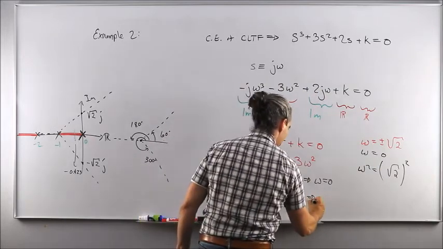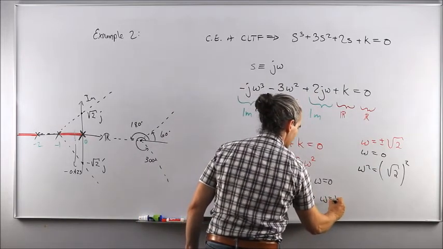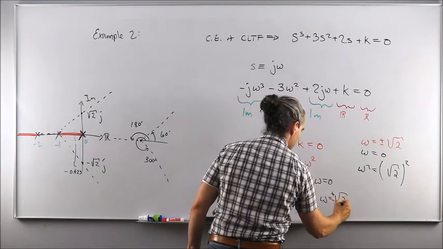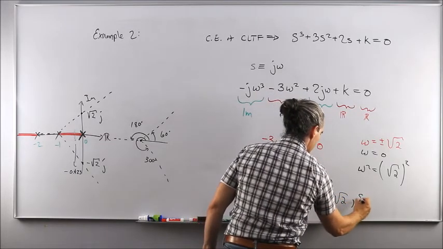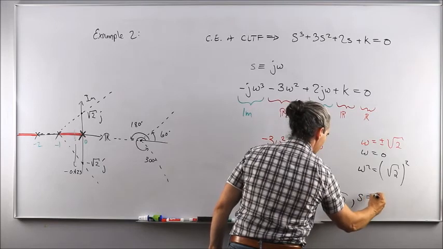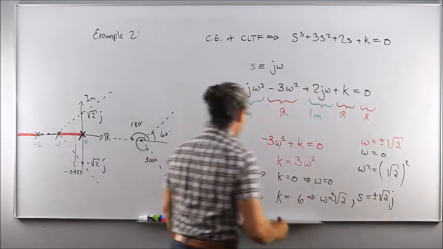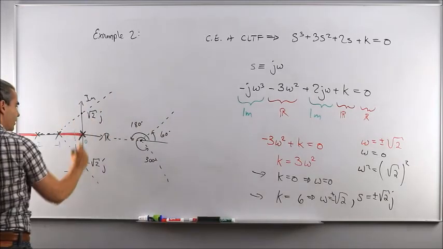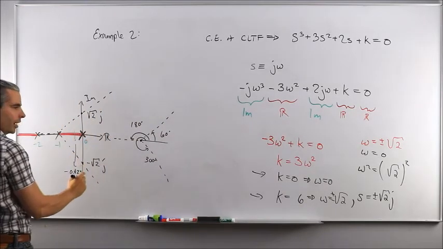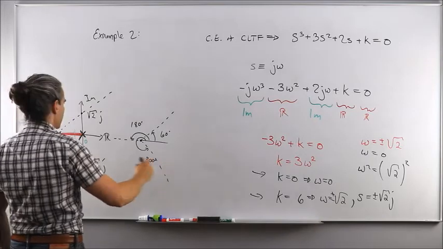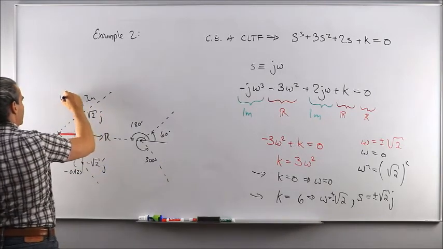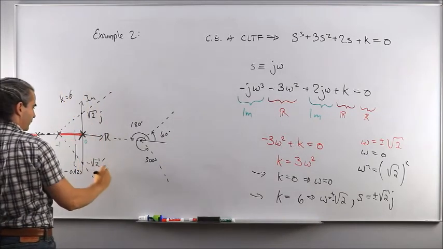And that would be at omega equals plus or minus square root of 2, or alternatively, whenever s is equal to plus or minus square root of 2j. So at those two crossing points, plus or minus square root of 2j, this is whenever k is equal to 6.